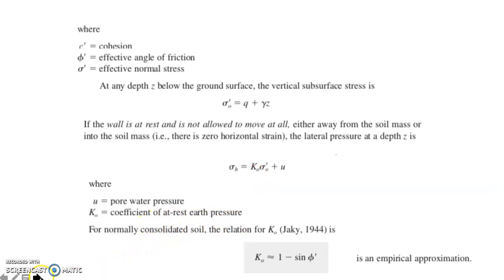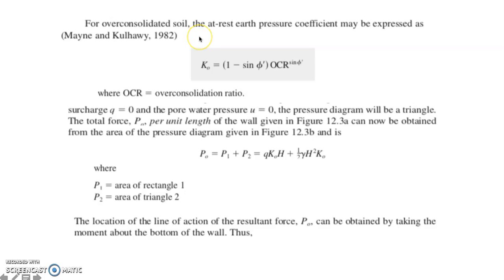However, if that is over consolidated soil, that can be expressed according to Mayne and Kulhawy: K naught would be equivalent to this equation, 1 minus sine phi prime times OCR raised to sine phi prime. Of course, we know that OCR is the over consolidation ratio, and over consolidated soil means that the present effective vertical stress is lower compared to the past effective vertical stress.